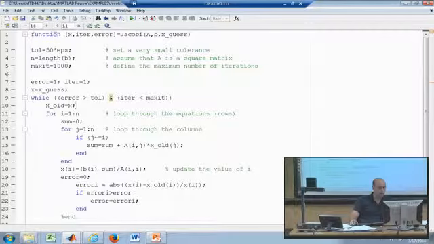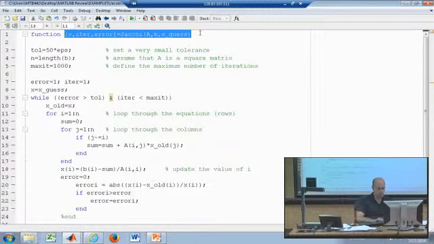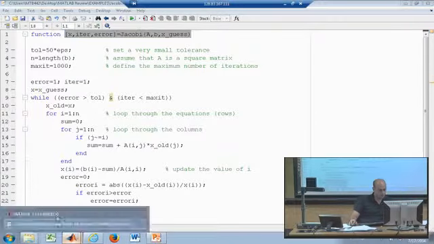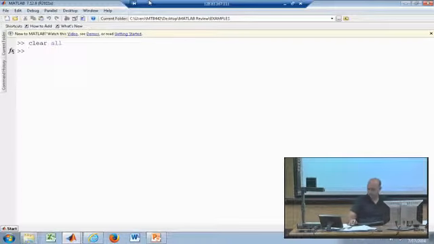What we can do is call my Jacobi to see if it works. Oh, I shouldn't have cleared all my variables. Let's do the one that I just did, where my A matrix was 3, minus 0.1, minus 0.2; 0.1, 7, minus 0.3; 0.3, minus 0.2, 10.